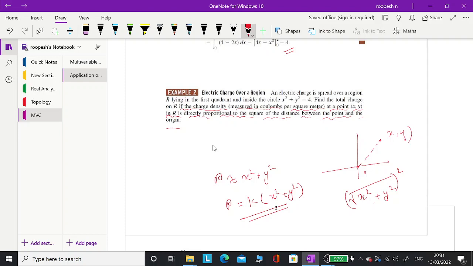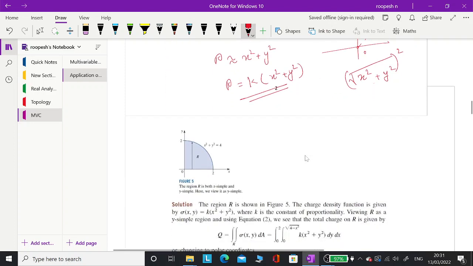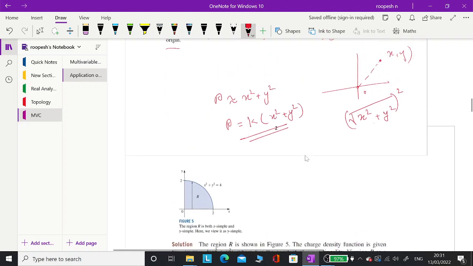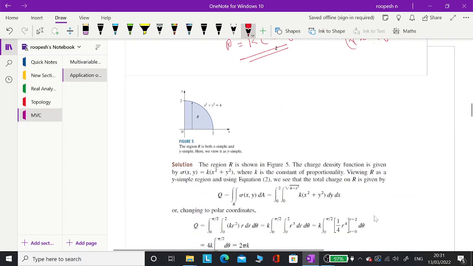Now we can see the region over which we want to integrate this function. It is given that it is the first quadrant intersecting this circle in this fashion. In this region only we want to find the integral of rho dx dy. In this case we can go for the polar form, I think.